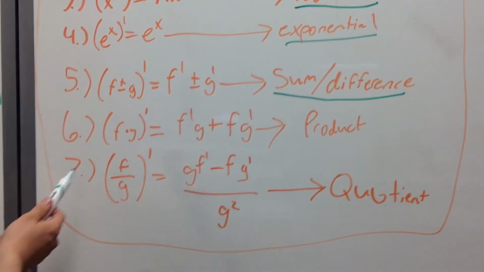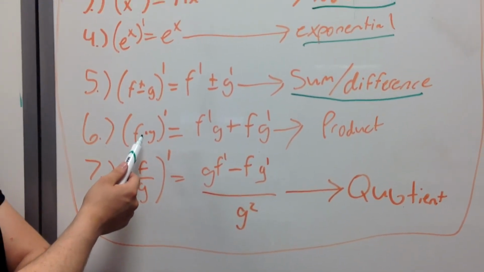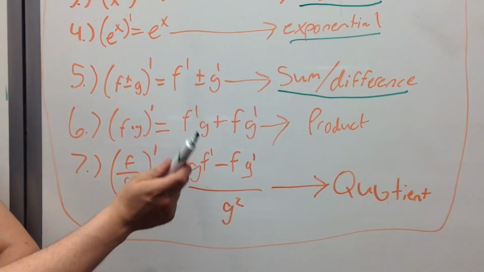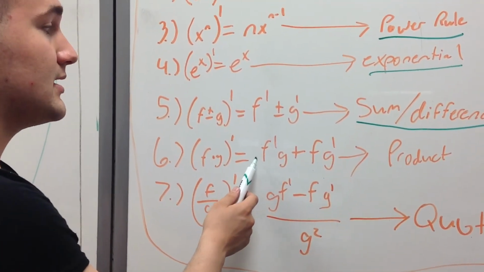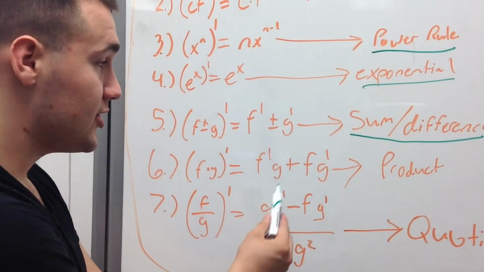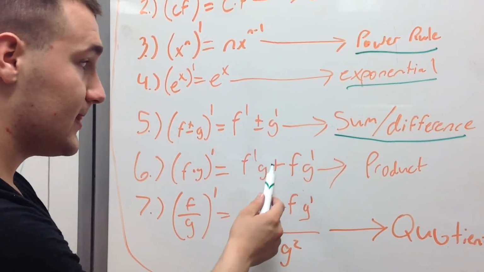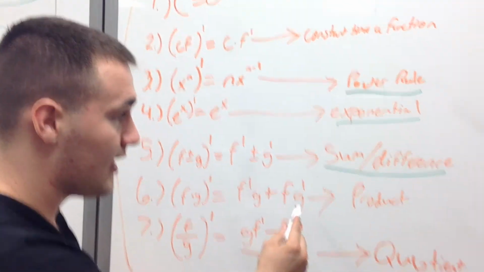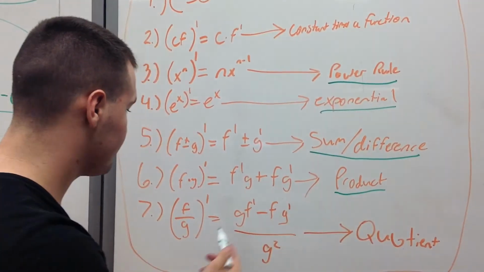Say you have two functions that are being multiplied together. Then you use what's called the product rule: you take f prime times g, no prime, just the normal g, plus the normal f times g prime. That's called the product rule.